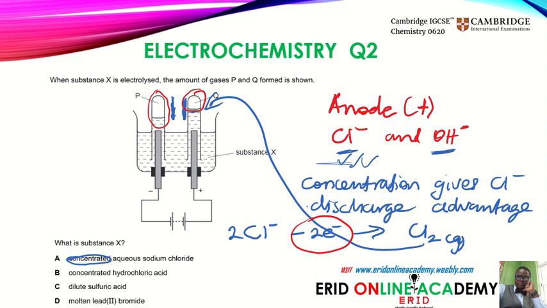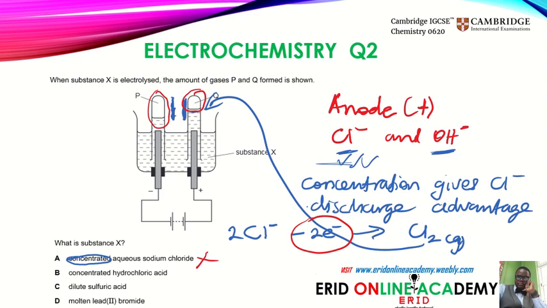So since they are both univalent, they will consume the same quantity of electricity to discharge the gases. So if the same quantity of electricity is used and they are both univalent, then they will produce the same volume of the gas. So that tells us that Q couldn't have been chlorine. So A is the wrong option.